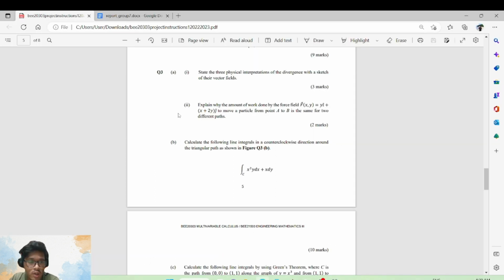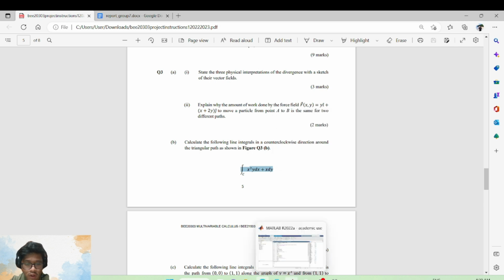Next is question 3b. For question 3b, we have to calculate the following line integral in a counterclockwise direction around the diagonal path as shown in the figure Q3b. So this is the figure.